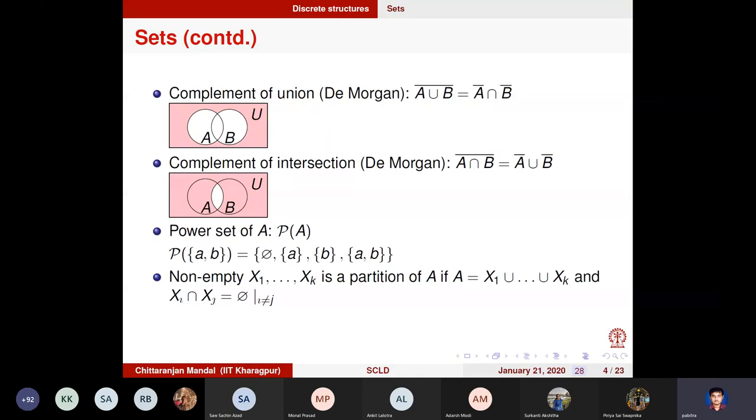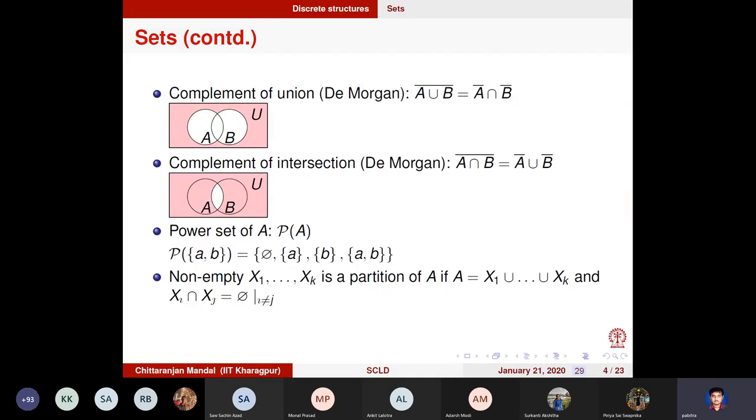Okay, so let's pick up elements from the power set, x1 to xk. Note that I do not talk about single elements; I talk about some collection of x1 to xk. We would call it a partition of A if they are exhaustive and exclusive.